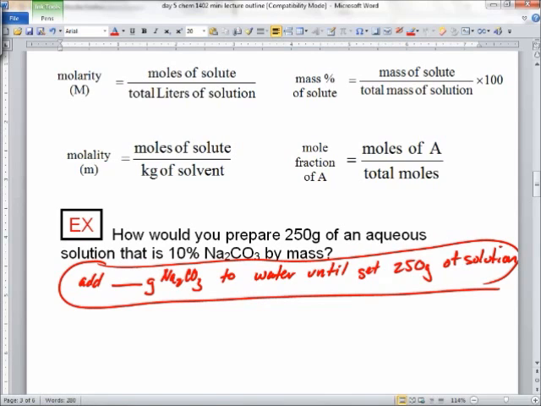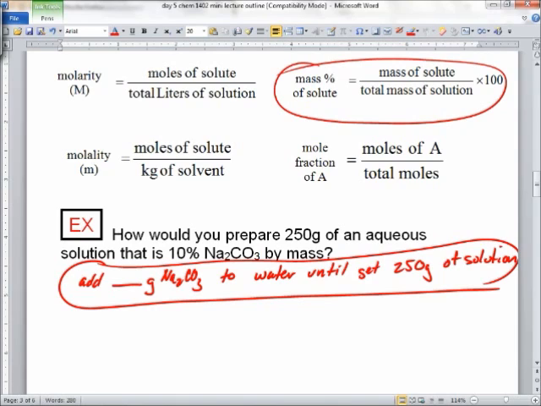Remember the game. We got to pick the equation. Top right over here. Mass percent of solute. Everybody agree? Yeah. 10%. Here's a big hint, I think, once they say the percent. Okay. Mass percent of solute. This one.